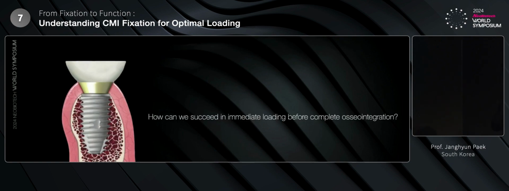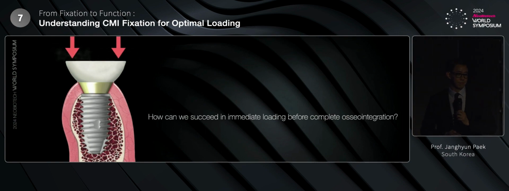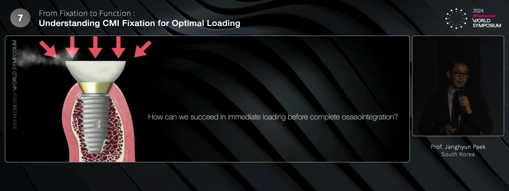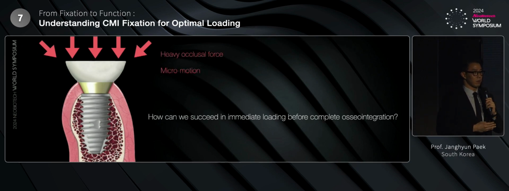So, how can we succeed in anytime loading or immediate loading before complete biologic osseointegration? Our mouth is a very harsh environment with heavy occlusal forces, and this heavy occlusal force will cause micromotion.